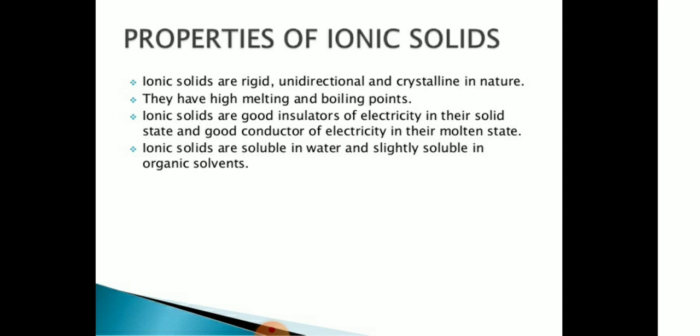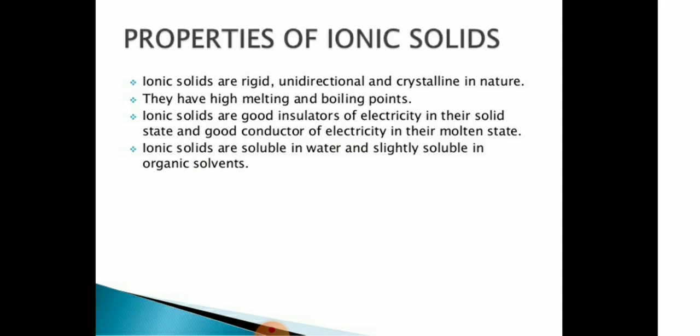These are the properties of ionic bonding. These ionic bonds are rigid, unidirectional and crystalline in nature, and they have a high melting and boiling point. Ionic solids are good insulators of electricity in their solid state and good conductors of electricity in their molten state.